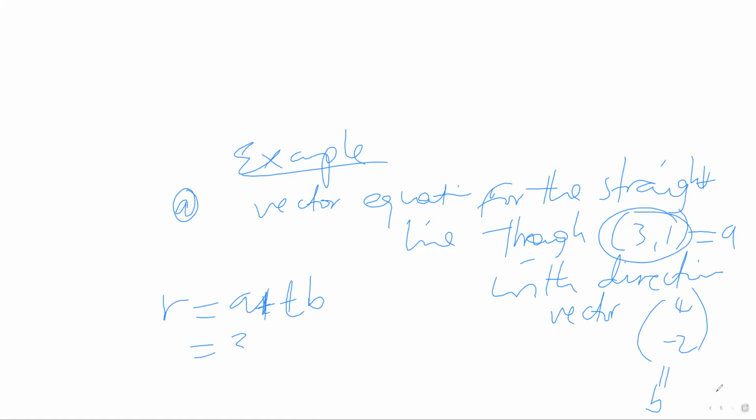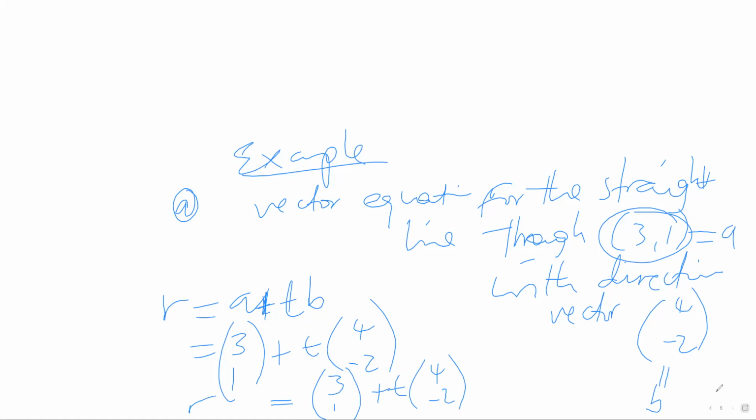So the equation will be (3, 1) + t(4, -2), writing everything in column form. That is the vector equation for the straight line they asked us to find. In this case, they gave us everything.